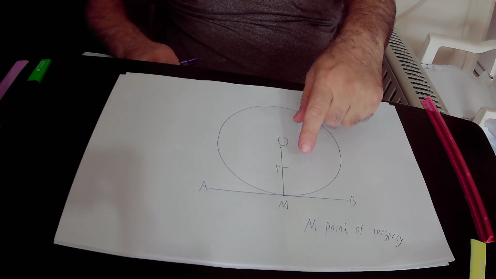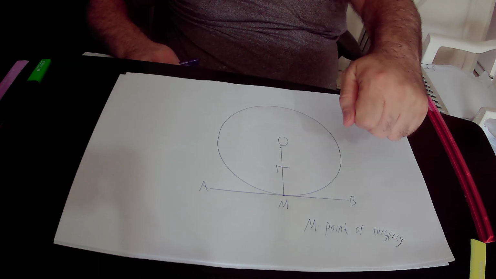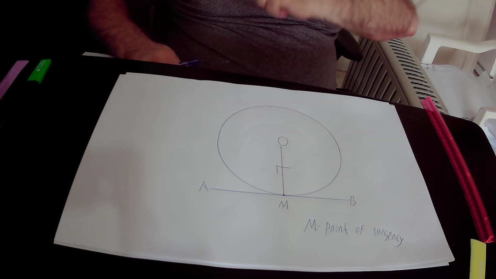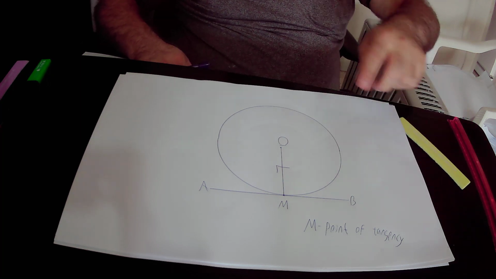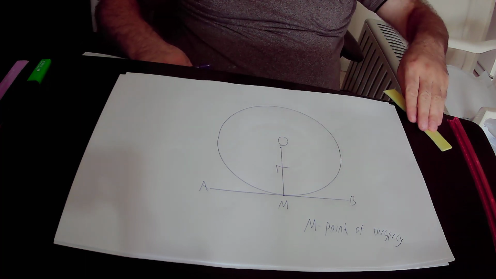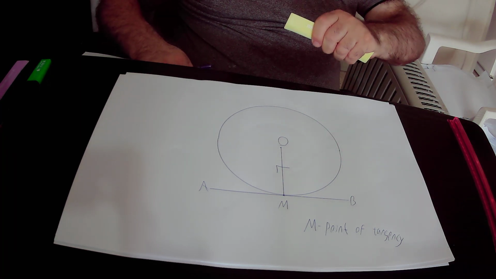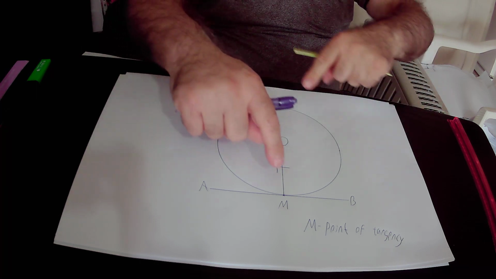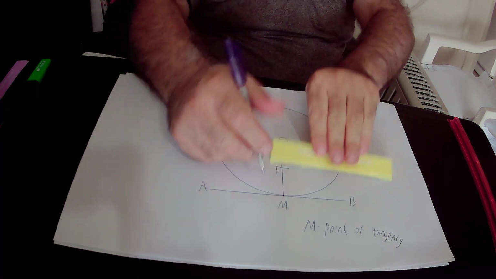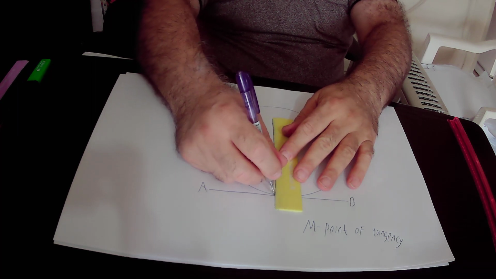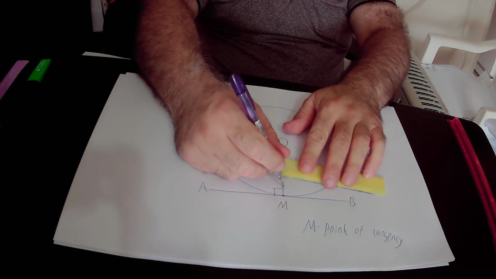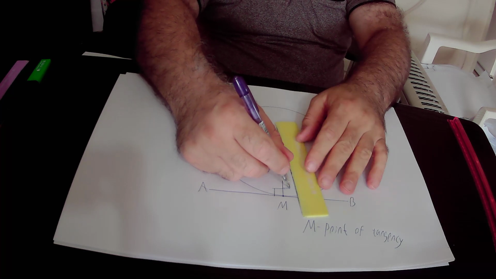This radius OM is drawn to point M, that is the point of tangency of tangent AB with this circle. Therefore, according to rule number 1, the tangent AB is perpendicular to this radius. That is to say this angle equals 90 degrees, and this angle also equals 90 degrees.